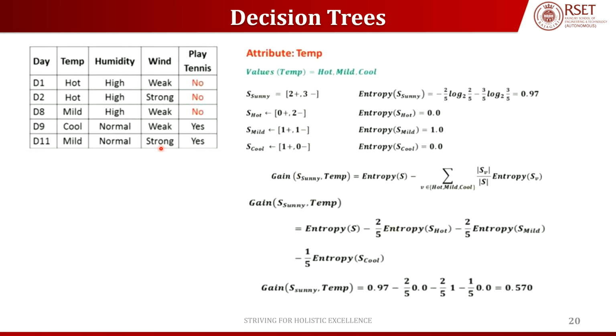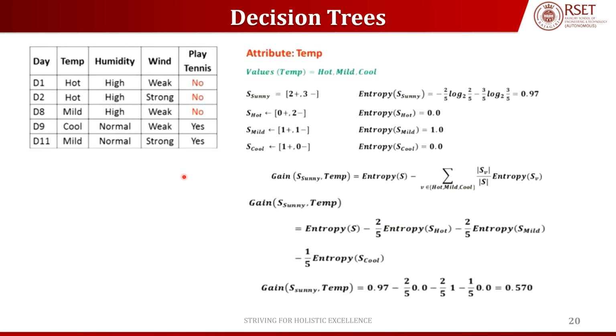Splitting the sunny days by humidity gives us a clean split. The high humidity group has three no's and 0 yes, so the entropy is 0. And the normal humidity group has 0 no's and 2 yes, so the entropy is again 0. The information gain is calculated as the gain of S sunny, humidity.